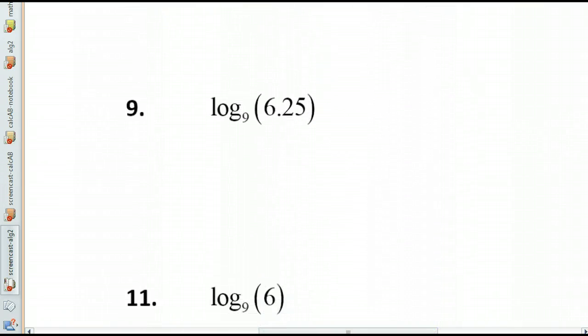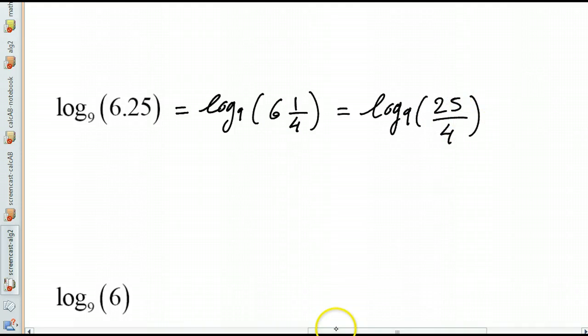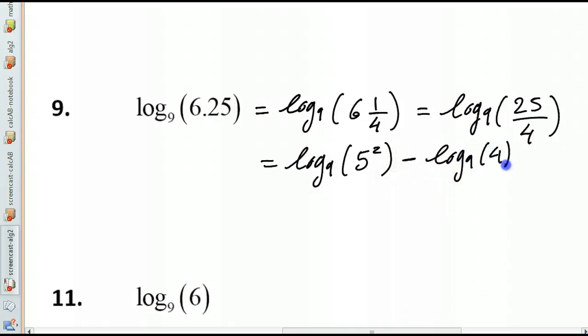6.25. Did I miss any? No. This is the log base 9 of, I don't know what it is. It's 6 1/4, right? I don't like mixed fraction. I used it just to go back to the fraction. This is a log base 9 of 6 times 4 plus 1, 25 over 4. Now for that, I'm going to say this is a log base 9 of 25, that's 5 squared, minus log base 9 of 4.